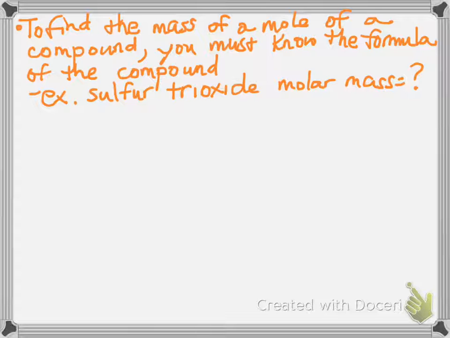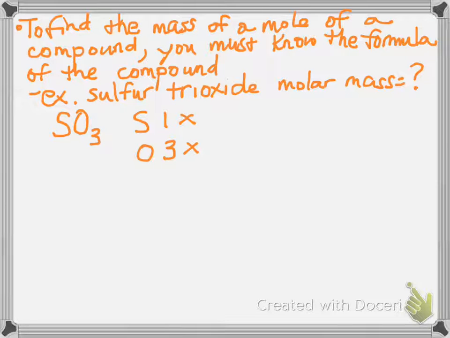So sulfur trioxide, though it's 2 nonmetals, so 2 nonmetals means it's a molecular compound, and my prefixes become subscripts. So my formula is going to be SO3. Now, I'm going to show work for how you get this. But again, this is one time when you wouldn't have to. So in sulfur trioxide, I have 1 sulfur atom and I have 3 oxygens.